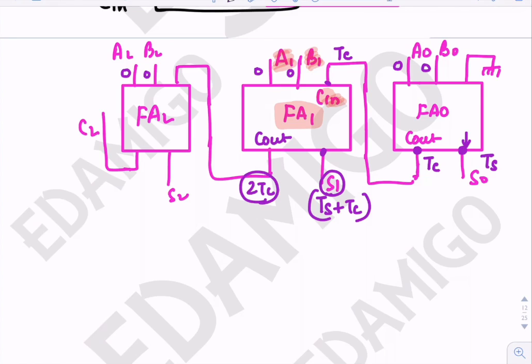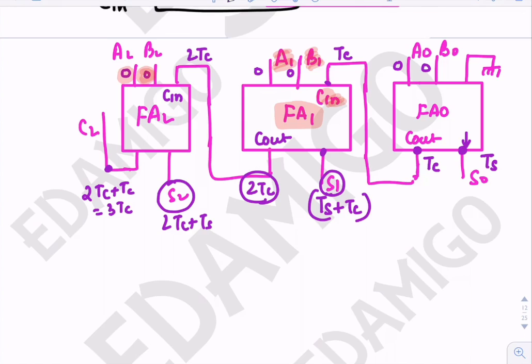Okay, so we can see that the full adder second has inputs A2 and B2 available at t equals to 0, but the Cin is available at 2tc. Okay, so the output sum S2 will be available at 2tc plus ts, and the carry will be available at 3tc, or I can say that 2tc plus tc, that is 3tc.